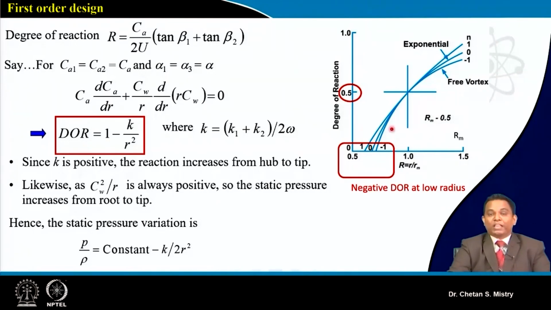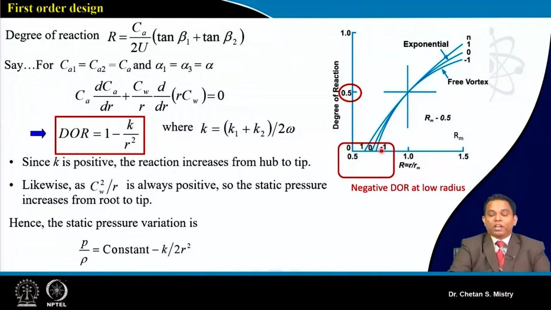If that's your case, you can see this is representing how my degree of reaction is varying. Now interestingly, as we have discussed for the earlier two cases, if we compare all the three cases, we will see our degree of reaction will have more chances to go negative near the hub region.